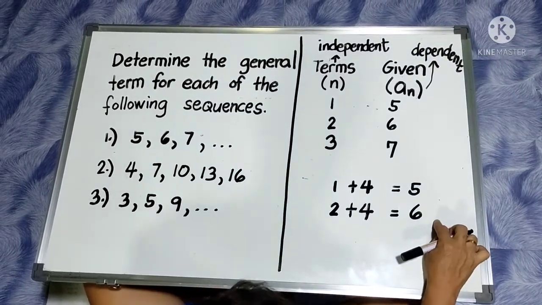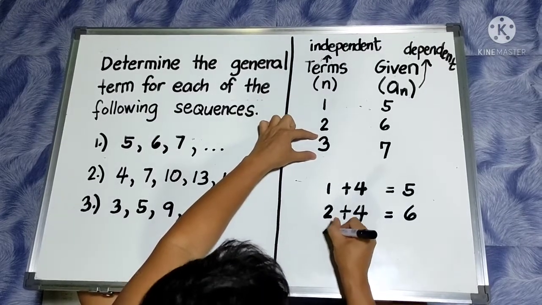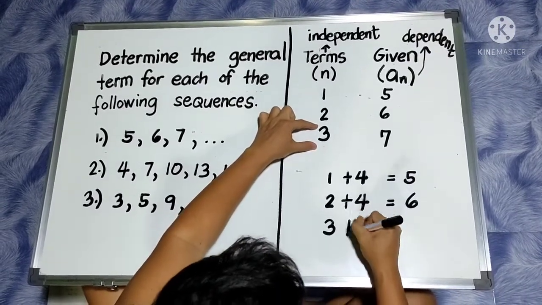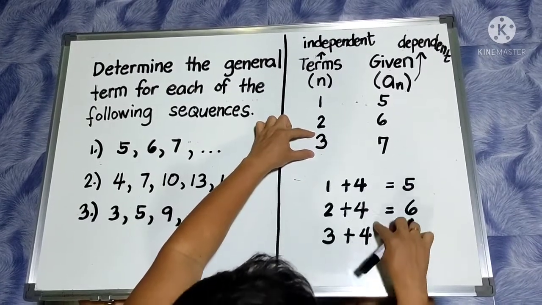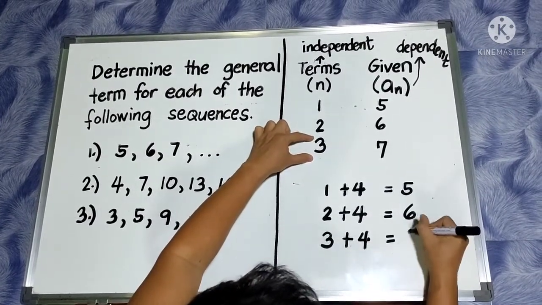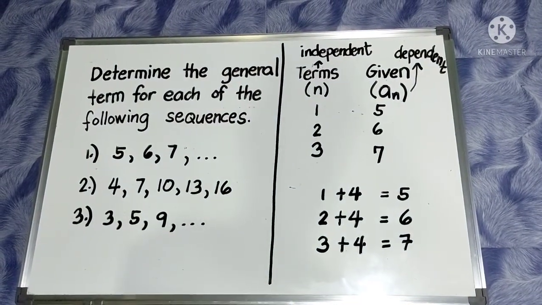Now let's proceed to the third term. What is your third value of n? You have 3. Then plus 4, because that is what you're adding, is equal to 7. And it's true, right?